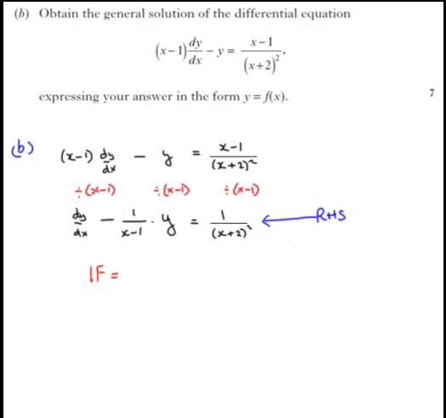So that's e to the integral of negative 1 over (x minus 1) dx. To do this integration, we'll bring the minus 1 outside the integration, and this will just be minus the integral of 1 over (x minus 1) dx, which is log. So this is minus log of (x minus 1).